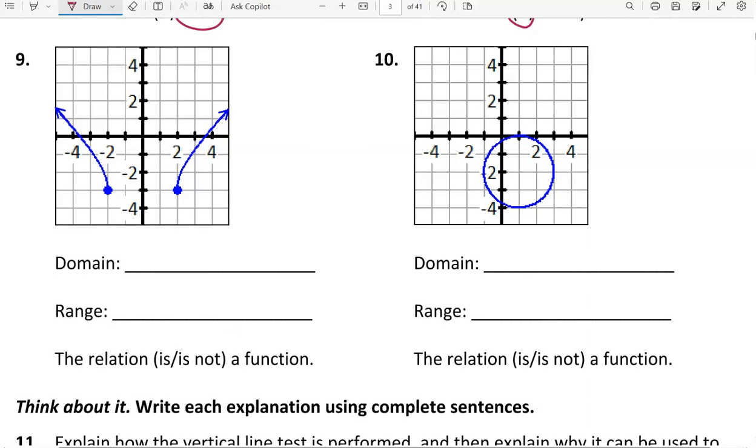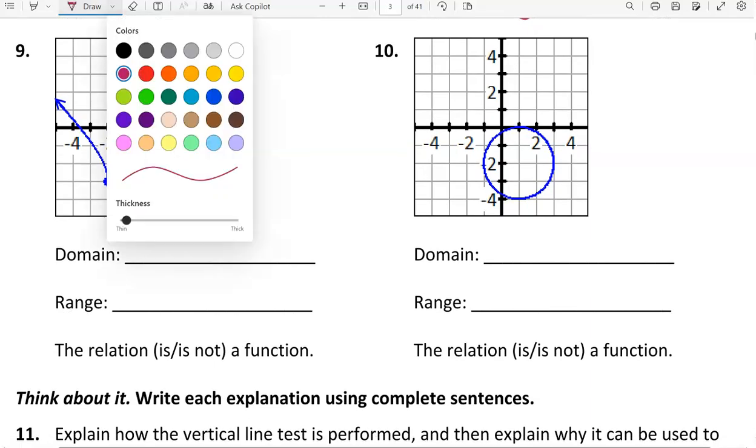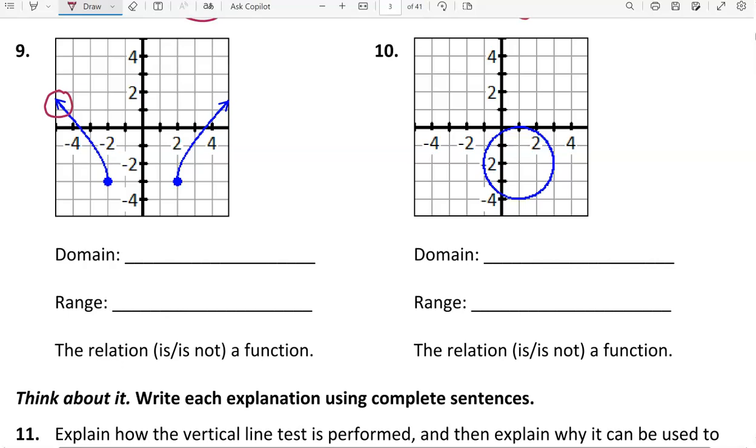For number 9, our domain is the set of all x, and we do not have a leftmost point because of that arrow. The graph continues going left in that direction. However, the graph ends right here and then restarts on the right side and keeps going to the right.